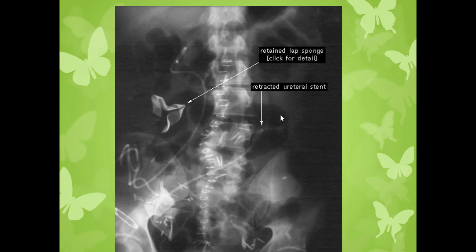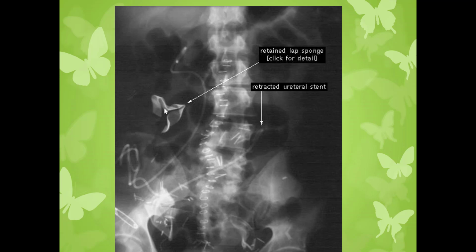This one should be up about right here. So this one is a retracted ureteral stent. It's not in the right spot, but it's still going in that same direction. This, however, is the problem, because this is the little tail that they sew on the side of lap sponges. Lap sponges are the larger sponges that we use in surgery to soak up secretions and keep an area dry so we can operate on it.